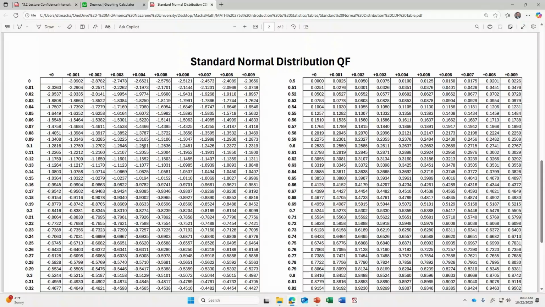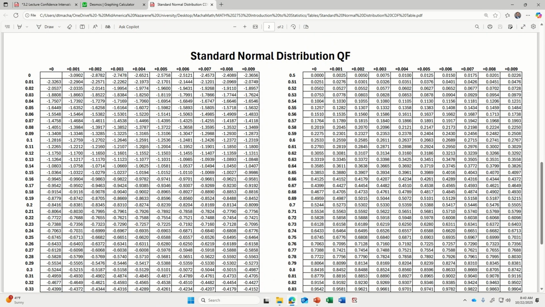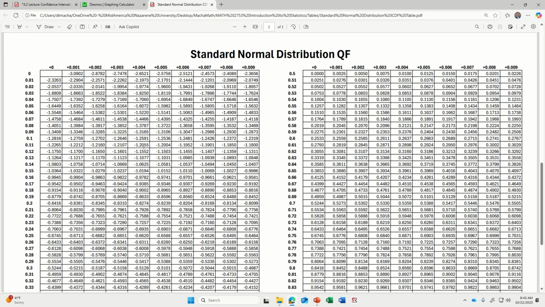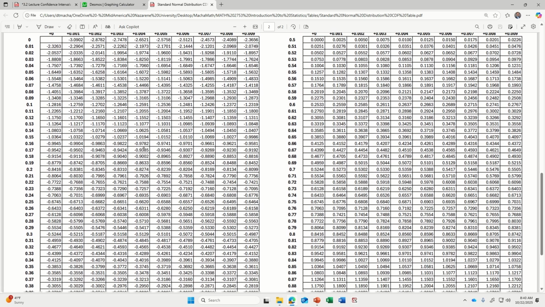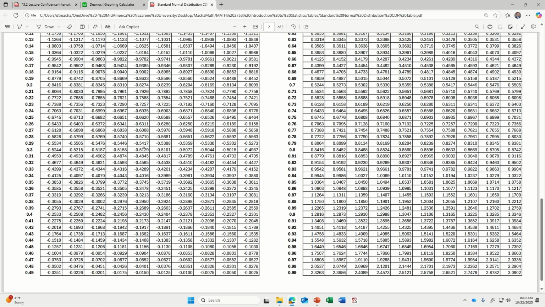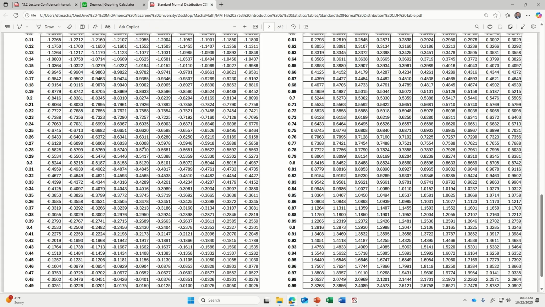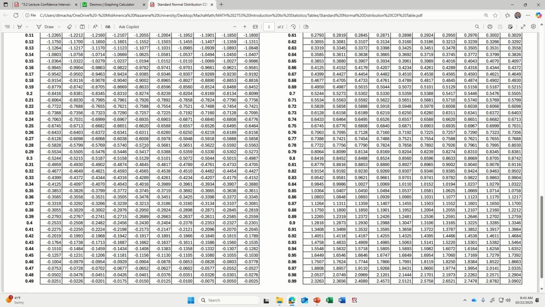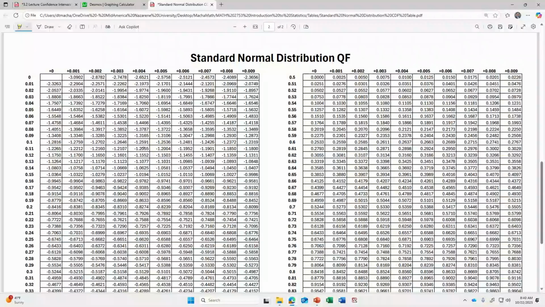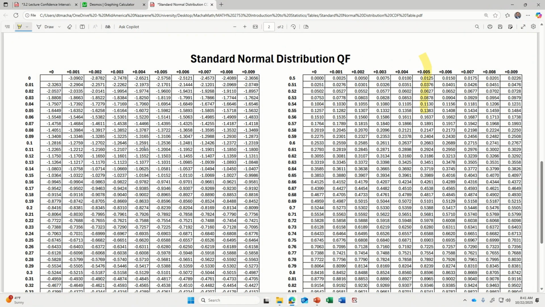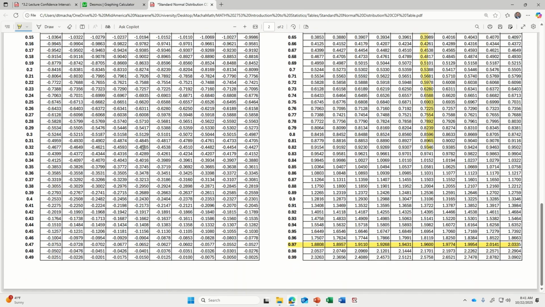So here's my table that you'll have on your test that has the standard normal distribution quantile function. If you don't have one, you can come by my office anytime. I've got lots of them. And we were supposed to look up 0.975. So here, I see the row with 0.97. And then I also need to add 5 to it for 0.975, so I have to look in this column.